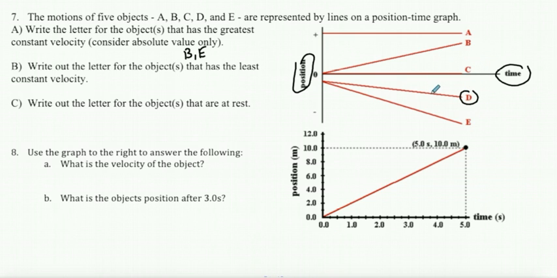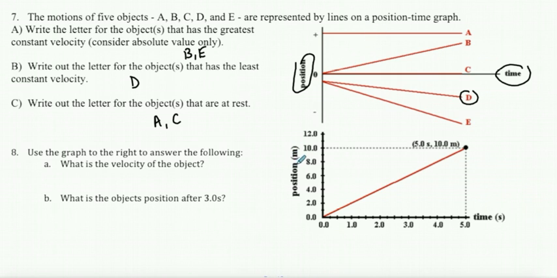So D right here, if I compare those, it has some velocity, but it's not as steep as B and E. So D is going to be the one with the least velocity. Okay? And then, again, A is at rest and C is at rest because they have a flat line. There is no slope, so that means there's no velocity.